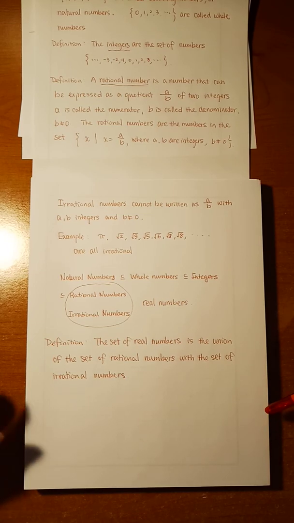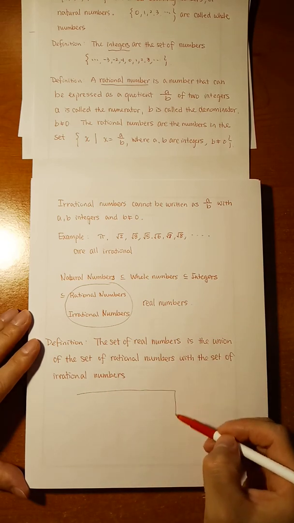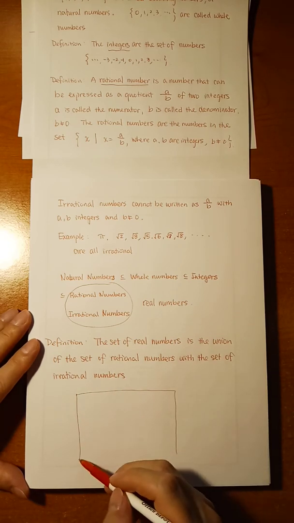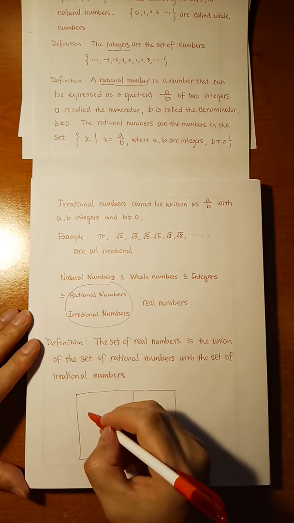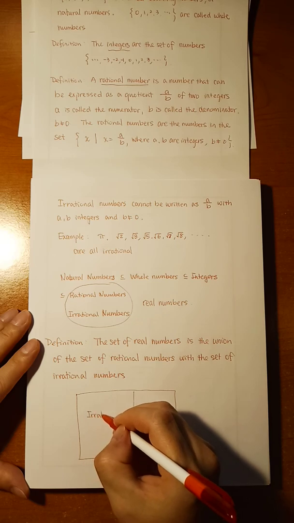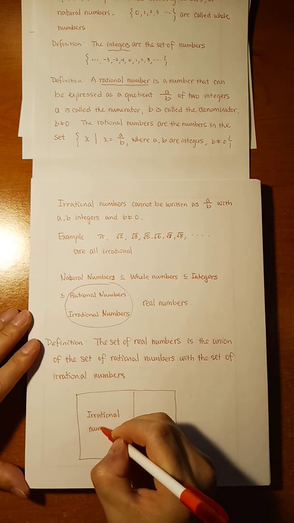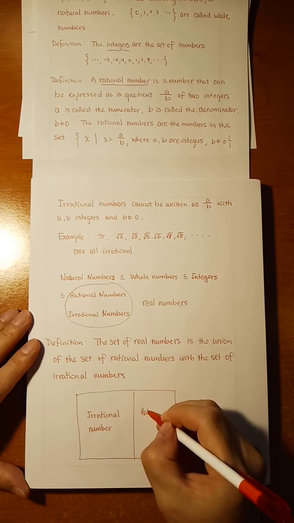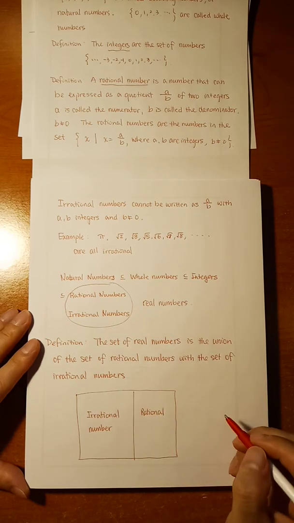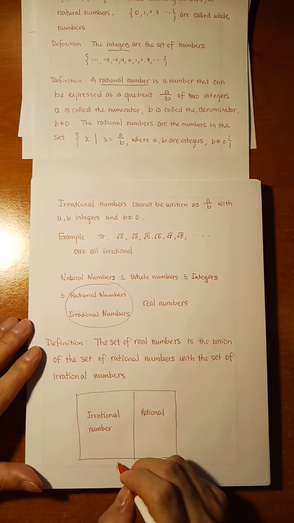Okay, so in the textbook, they provide a Venn diagram. The Venn diagram is like this. The left is irrational, the right is rational. The whole set, the universal set, is the real numbers.